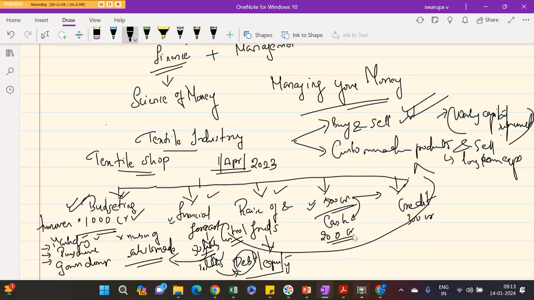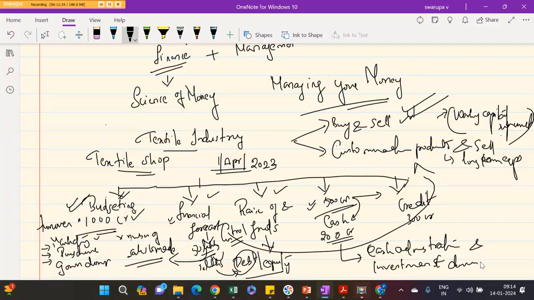Now I have 200 crore of cash in hand, in my bank and in my hand put together. There is 200 crores. What will I do with this 200 crores? So that is where we need to make a cash administration and investment decision.